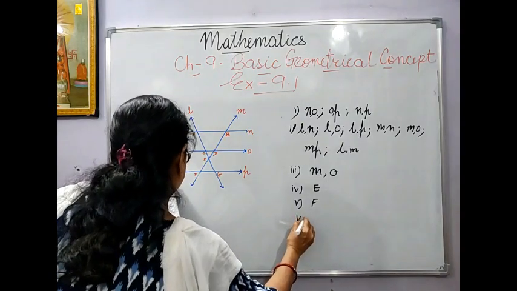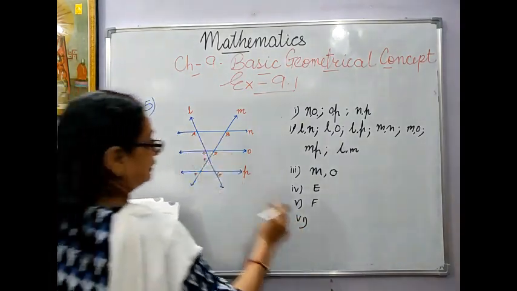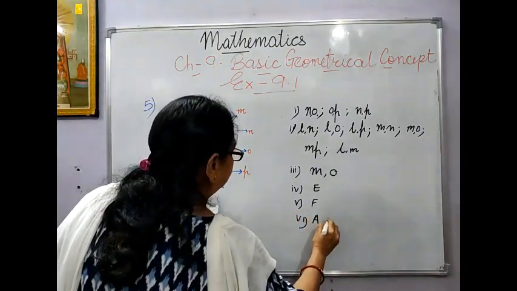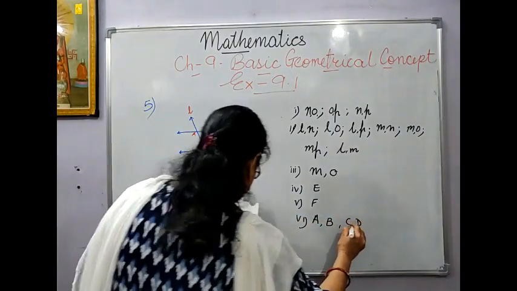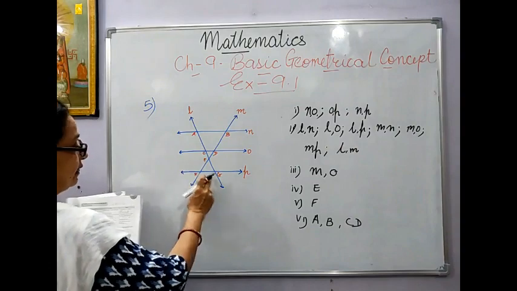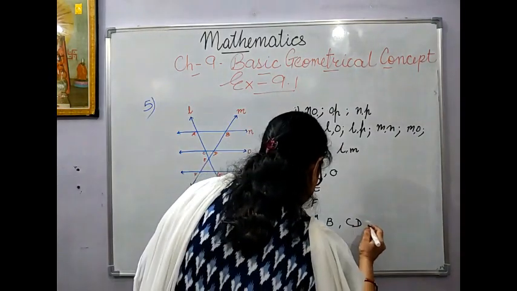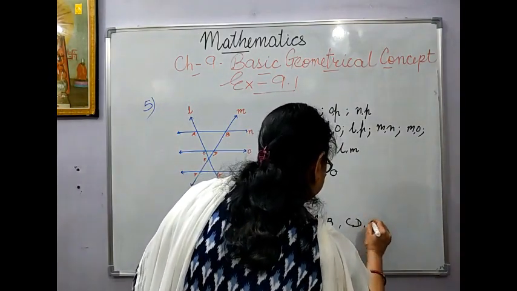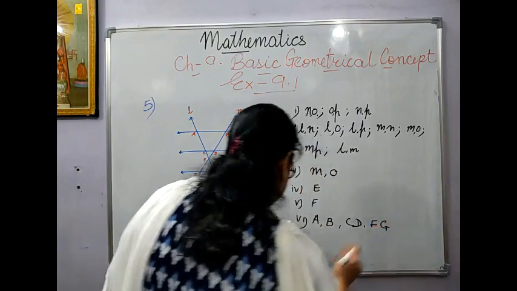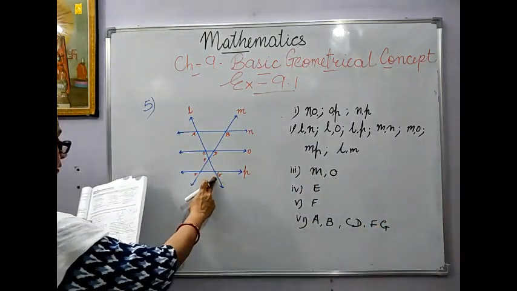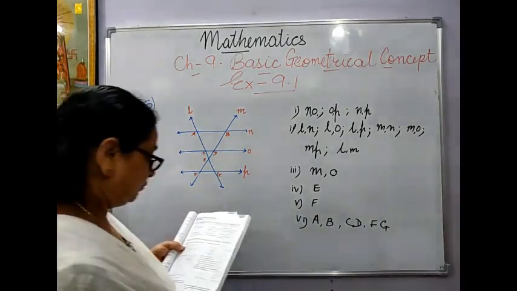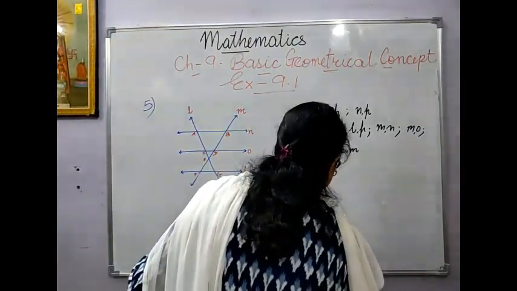This will be your sixth one: A, B, C, D, then F, G, C, D, F, G, A, C, G, or we can write the other way around also. That will be easier for us.